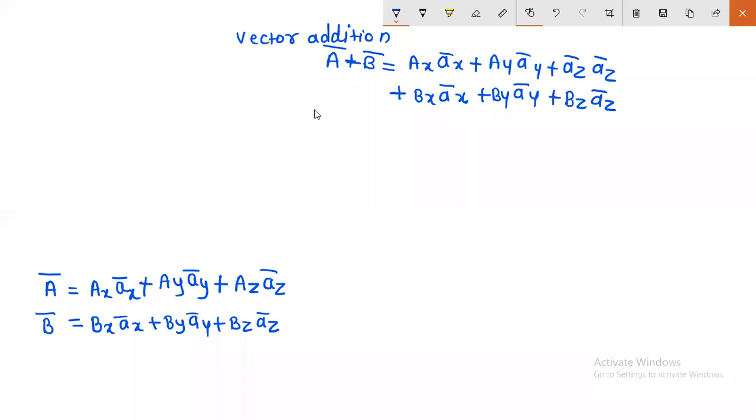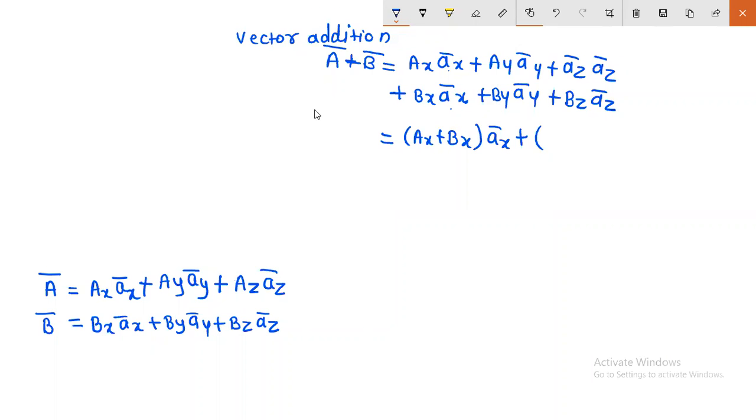Okay, now what are the common terms here? A bar x, right? So we can take this a bar x common and simply add these x terms, that is ax plus bx into unit vector a bar x plus, then what is the next term? ay plus by, common a bar y.